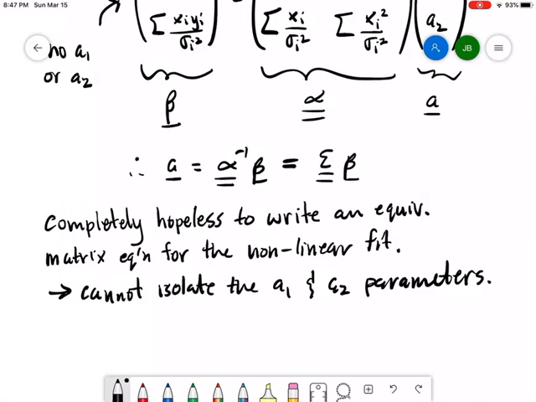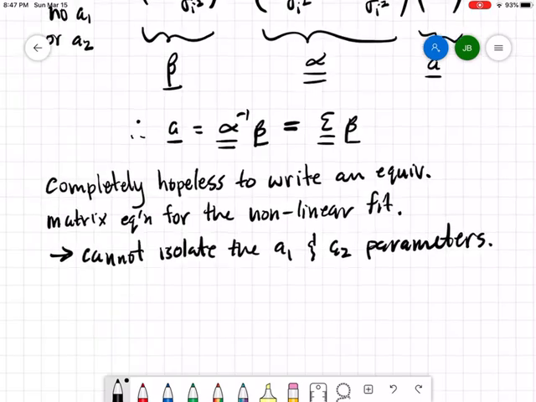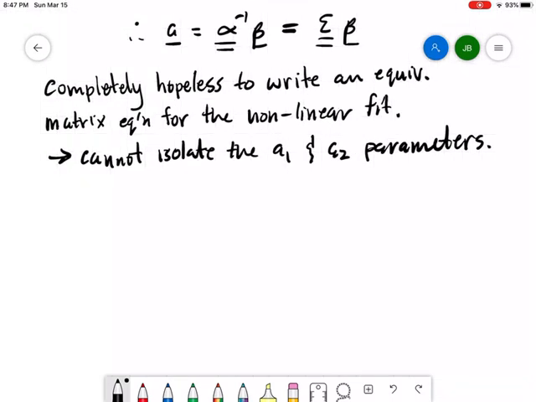Okay, so what that means is we need to develop an alternative way to evaluate when chi-squared is minimized. What set of parameters A1 and A2 actually result in the minimum of chi-squared?